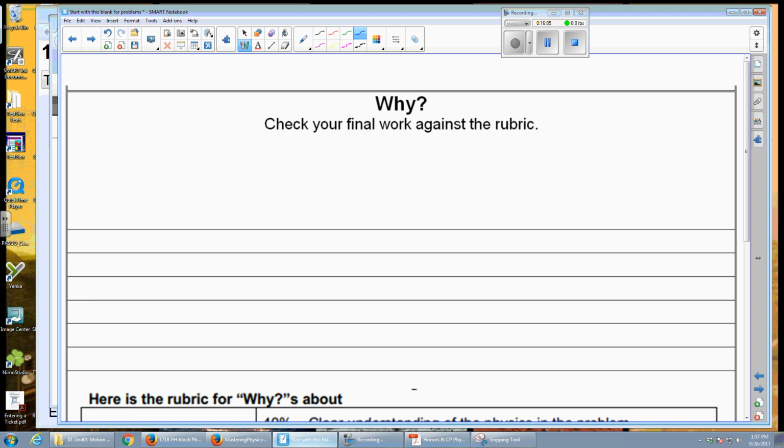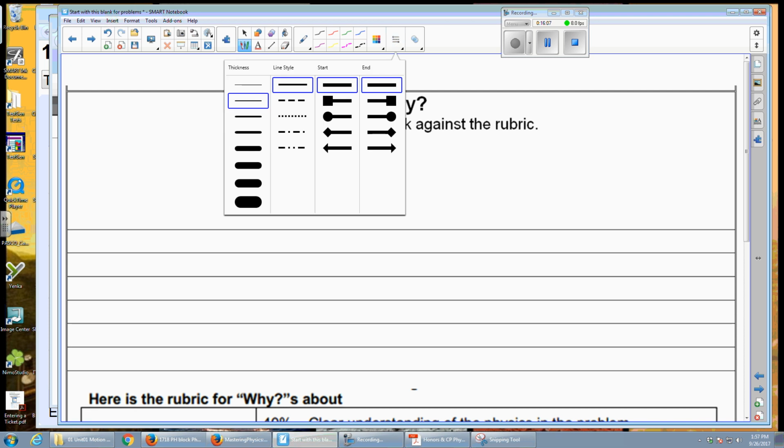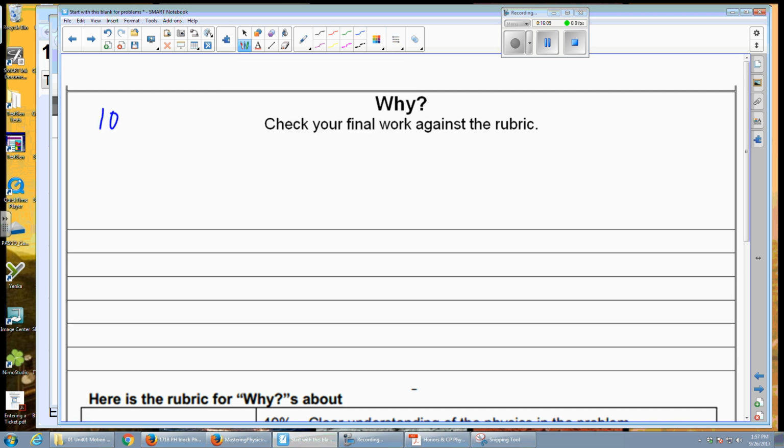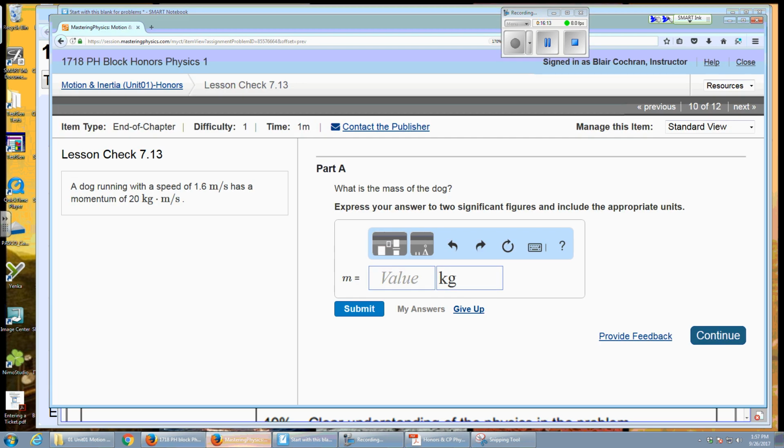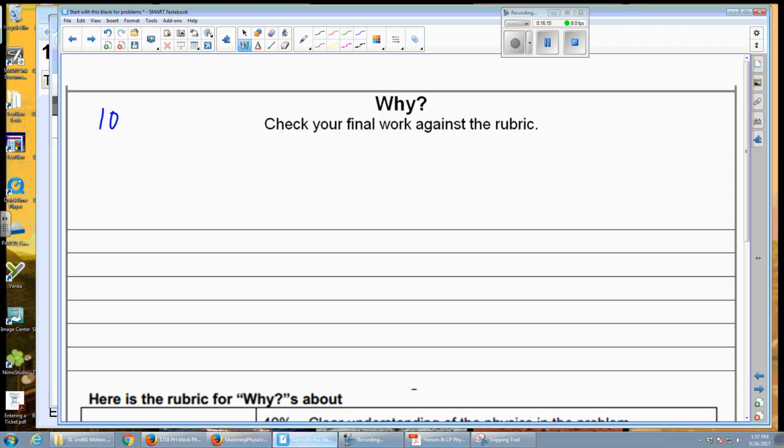So, number 10. Momentum, right? So I want to show I understand momentum. So momentum is inertia in motion.